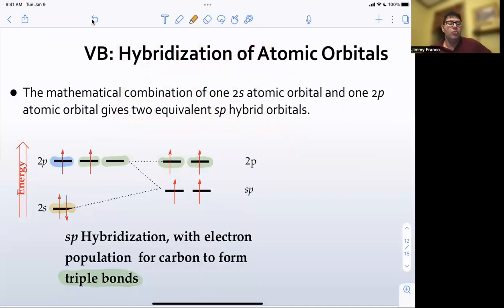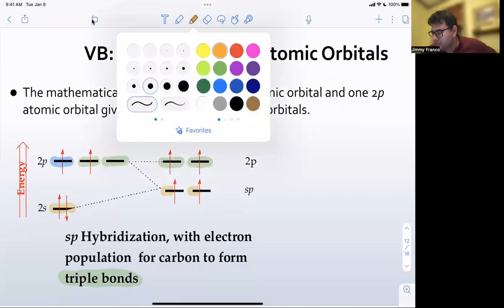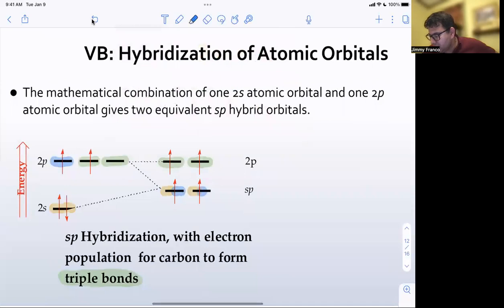And so now, when we make our hybridized orbital, we only have an s and a p. So this will be half s, half p. And that's why it's sp, because it's literally made up of an s orbital and a p orbital coming together. And it's because we save these other p orbitals to make our pi bonds. So we're going to save those for the triple bond. Let me show you what that looks like.